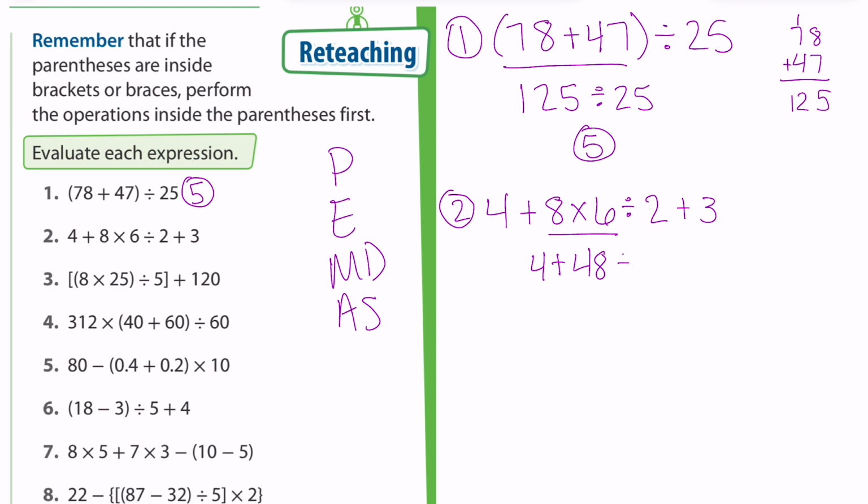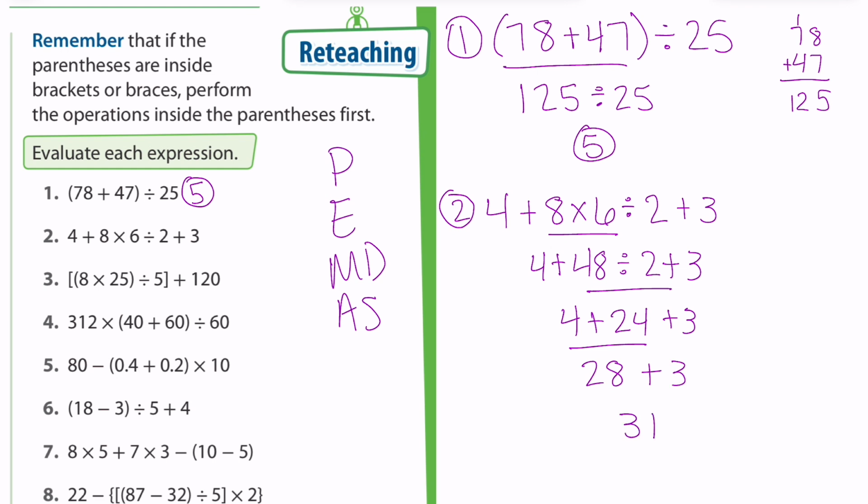And we rewrite the problem. We're going to do division next. 48 divided by 2 is 24. And now we are at addition and subtraction. We're going to work left to right. 4 plus 24 is 28, plus 3 is 31.